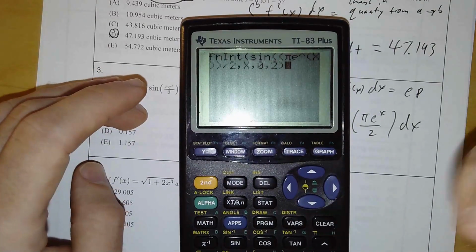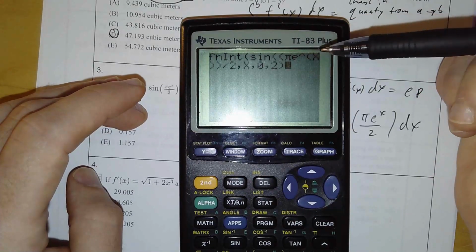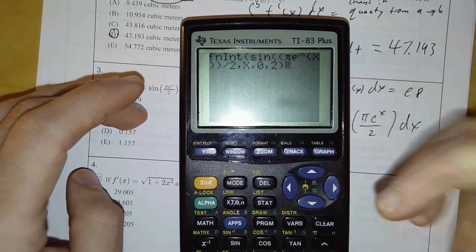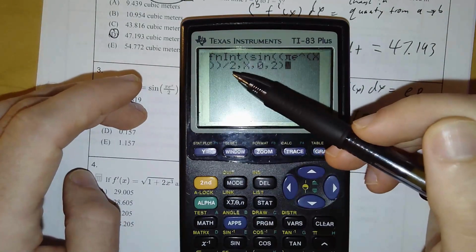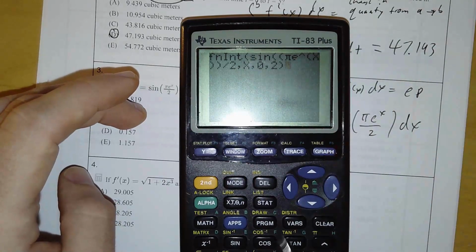So that's my function up top, sine, that's my numerator, pi e to the x, then divided by my denominator 2. I don't need parentheses in that denominator because it's just one number. It's when it's more than one thing that you have to add the parentheses for the fraction.